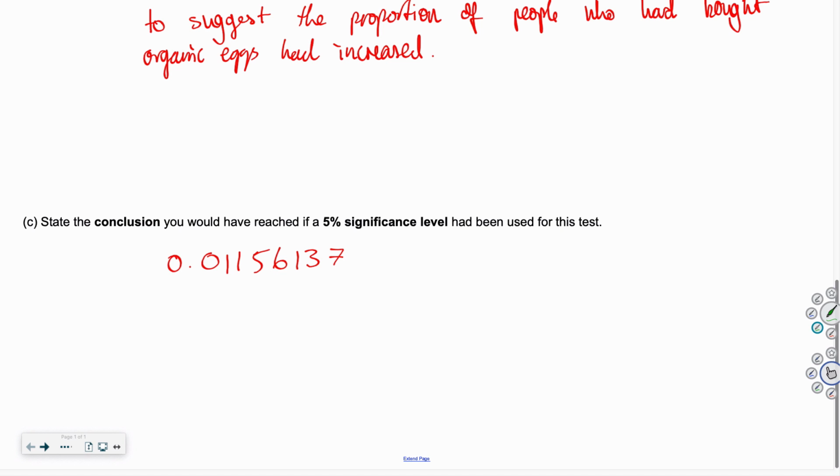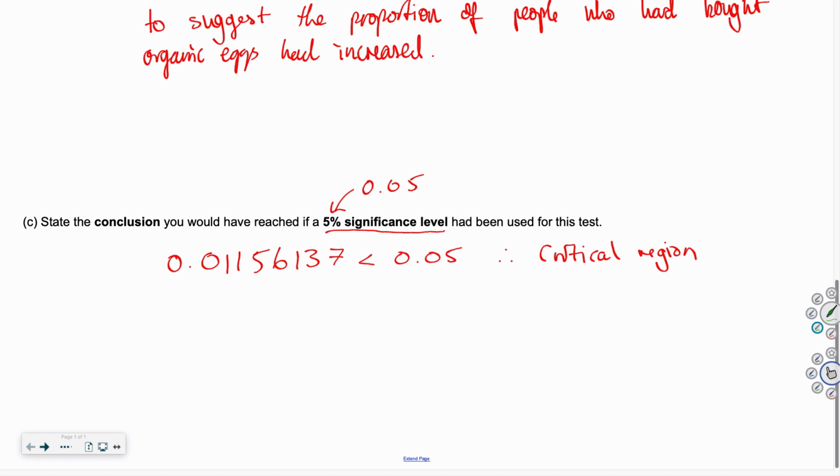Now, we compared that with a 1% significance level because the question told us. But now it's saying, what would the conclusion have been if we used a 5% significance level? So comparing that with 5%, which is 0.05 as a decimal, that is clearly less than 0.05.